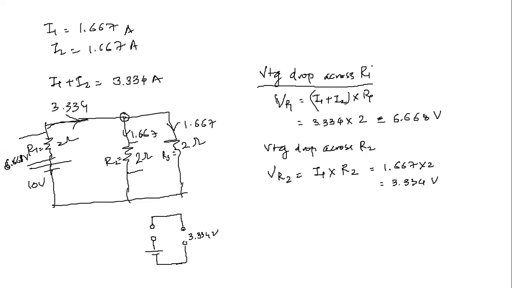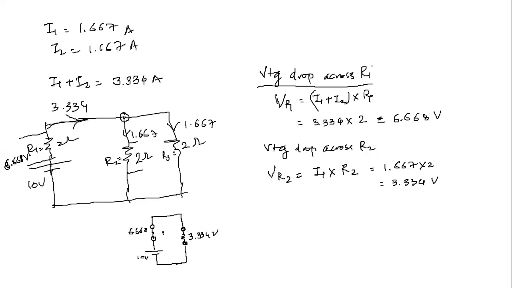Don't consider it open, right? Otherwise I'll draw a resistance. Let us consider a resistance, assume this is the 2 ohm resistance. This one is 6.668, and this one is 10 volt.